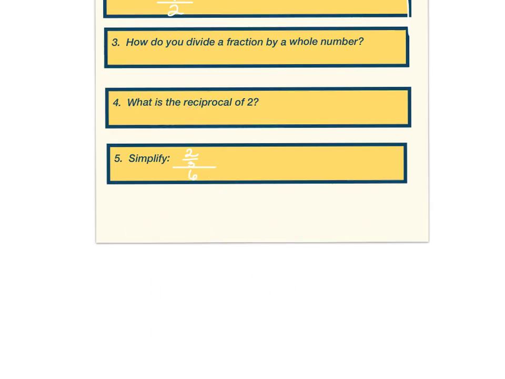Right here we're going to try to simplify 2/3 over 6. We know that means 2/3 divided by 6. We can also write that as 2/3 divided by 6 over 1. Anytime we're dividing fractions, our first fraction stays the same, we change our division sign to multiplication, and we take the reciprocal of the second fraction.